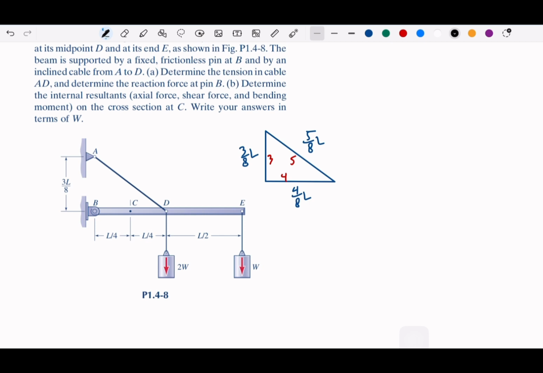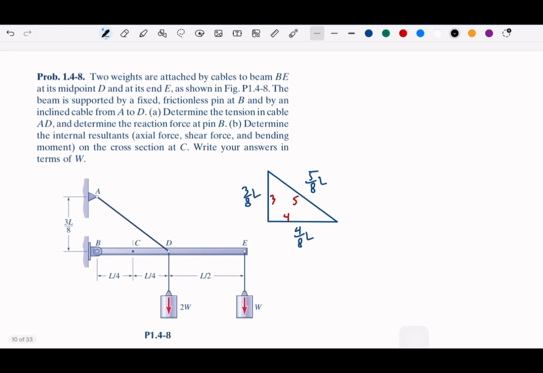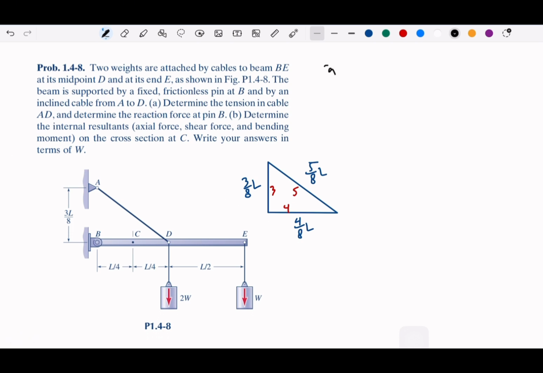So we take the moment from E, from B, and from A, so let me write here for the first question A, we take the moment with respect to B equals 0. And then take the clockwise as positive.